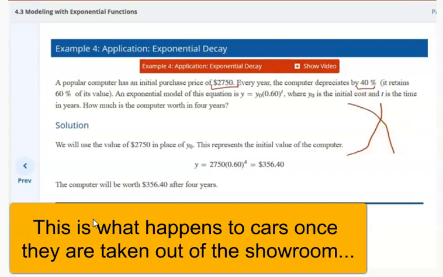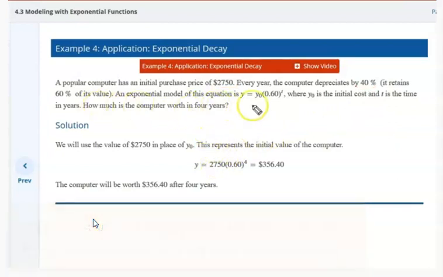So for example 4, we'll set it up. And again, it's a similar formula right there. The initial amount is 2,750. It's going to depreciate 40%, so it retains 60% of its value.